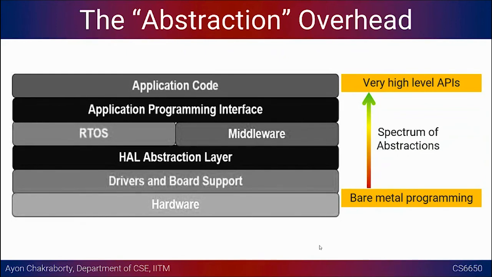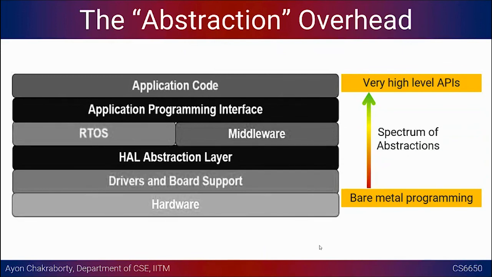We want to maximize the resources that we have in hand, the hardware, right? So one example I was showing you was to just generate a square pulse by turning off or turning on a particular pin. Even doing something as simple as that at a higher frequency was not possible because of this abstraction overhead, right?